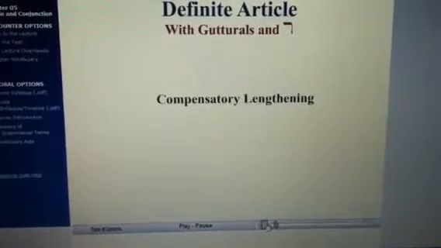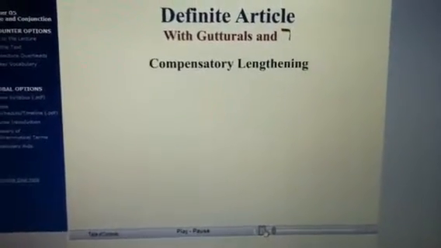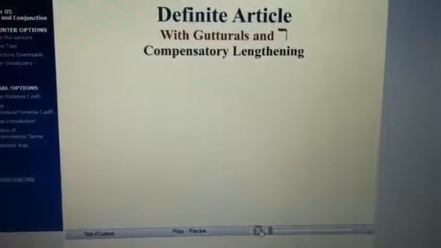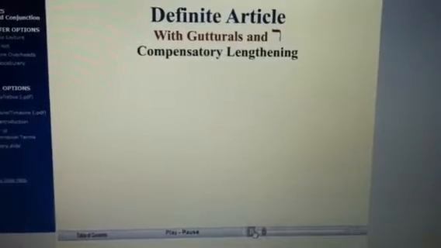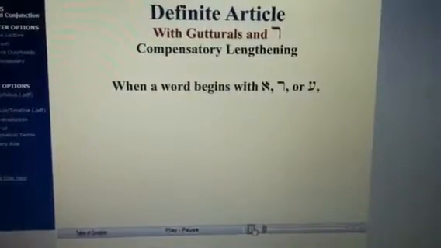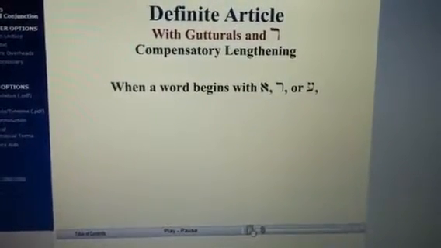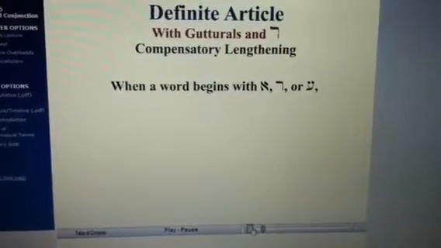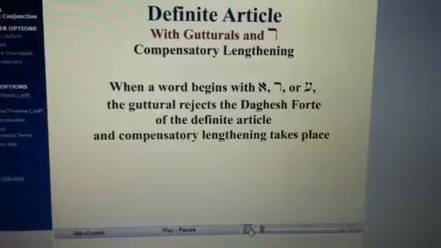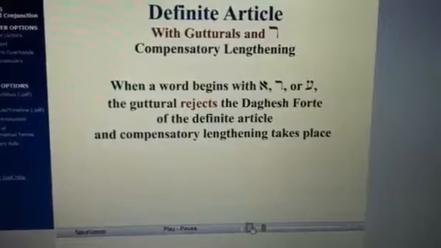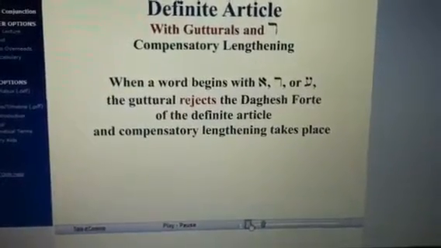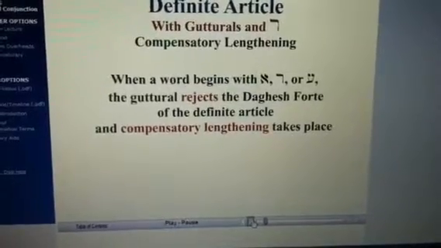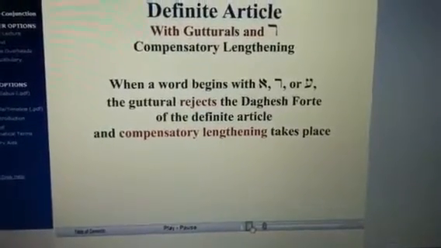Compensatory lengthening with the definite article is studied first at the top of handout 5D. When a word begins with aleph, resh, or ayin, the guttural rejects the dagesh forte of the definite article, and the process called compensatory lengthening takes place.